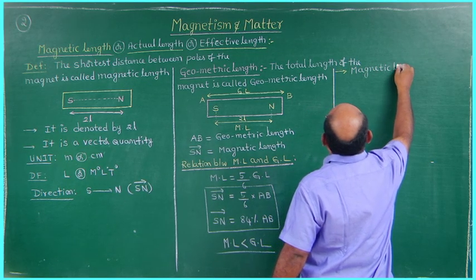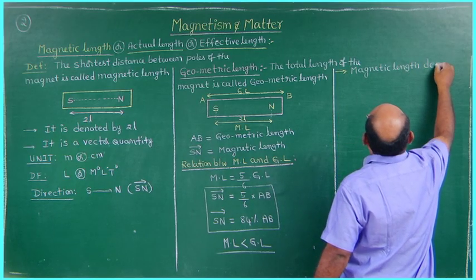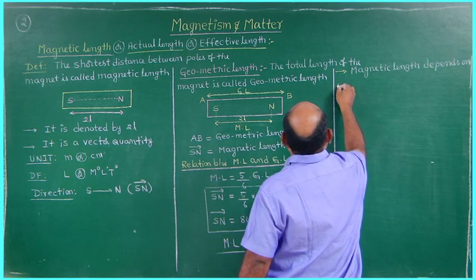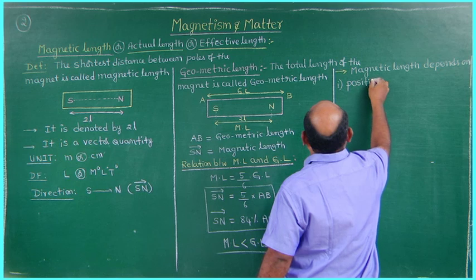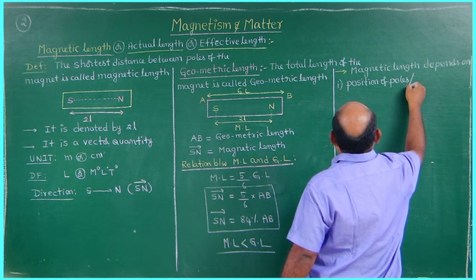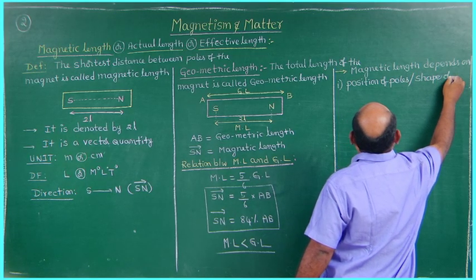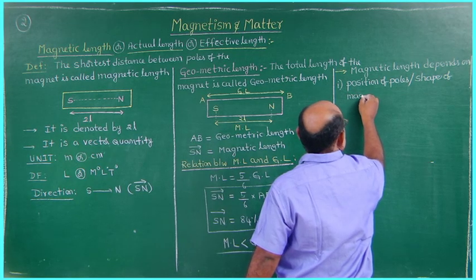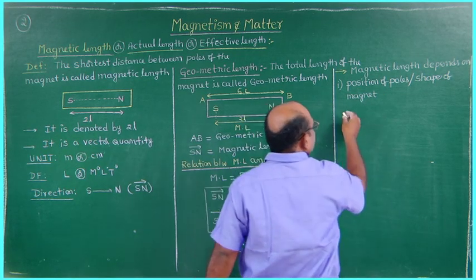Magnetic length depends on, number 1, position of the poles or shape of the magnet, or shape of magnetic poles.